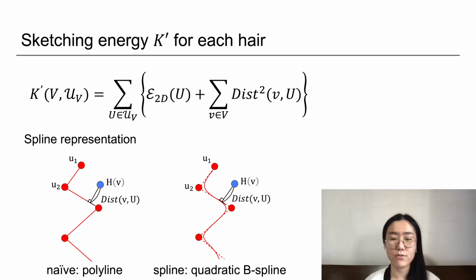Ours will be the distance from the points on the hair strand to the spline curve of the sketch. Finally, we sum all viewpoints' energy to obtain K prime.